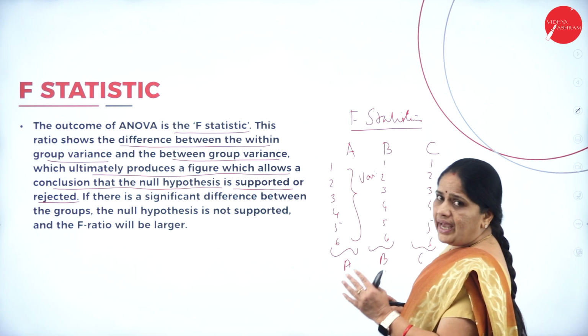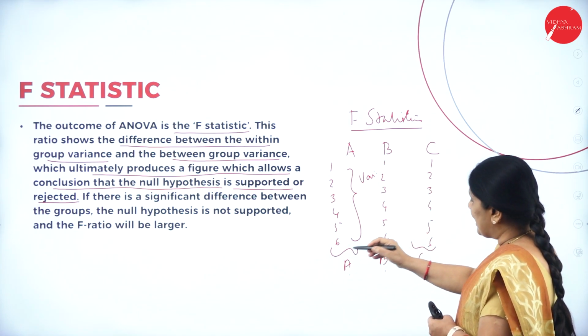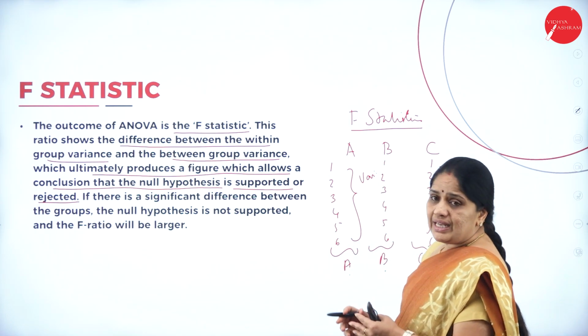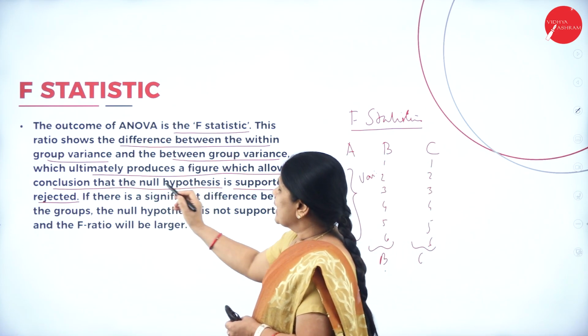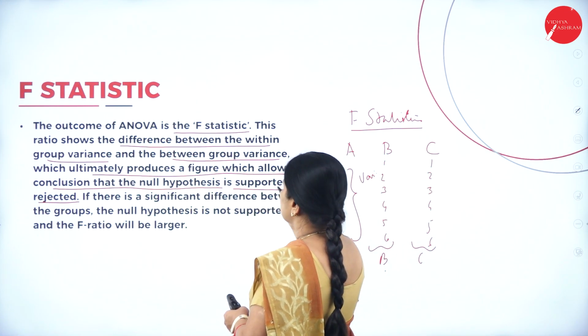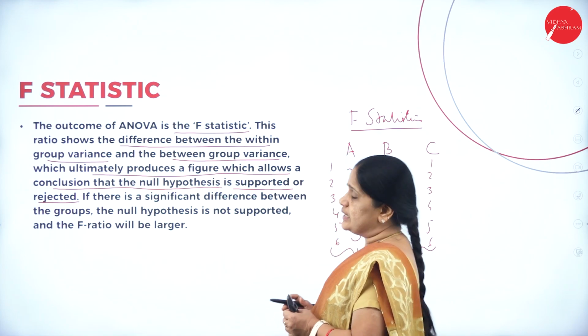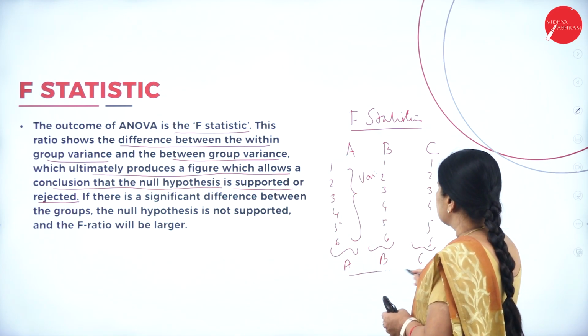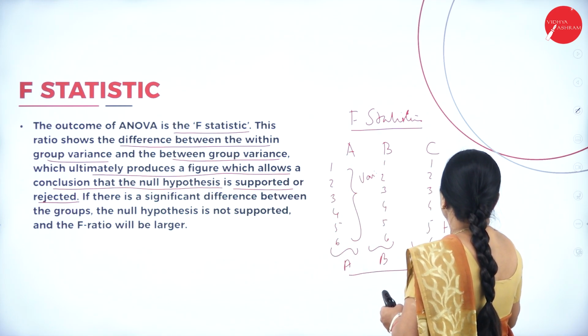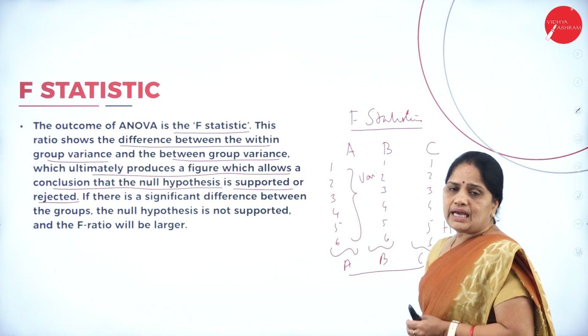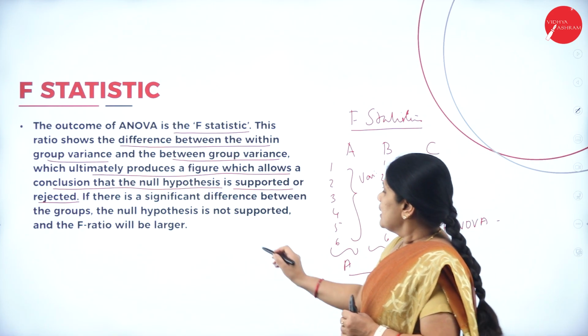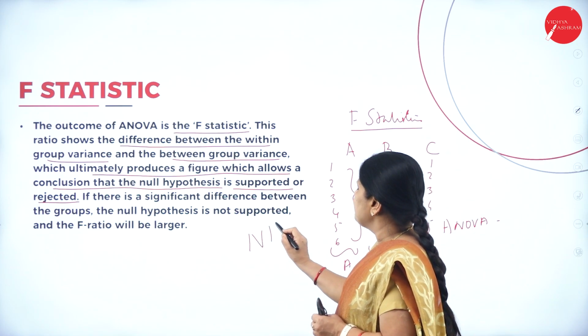So when we have the variances within the group and between the groups, it will help us come to a conclusion that the null hypothesis is supported or rejected. So when we get the results of the ANOVA, we can come to a conclusion about the null hypothesis. Now what is the meaning of null hypothesis?